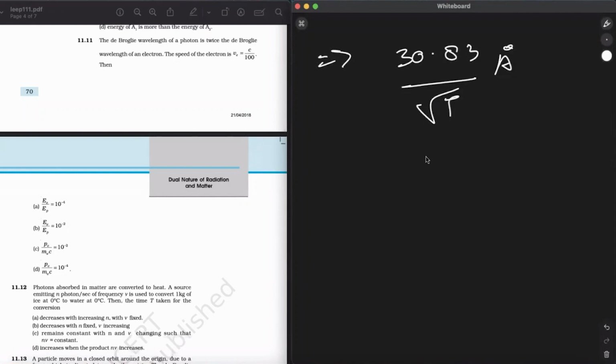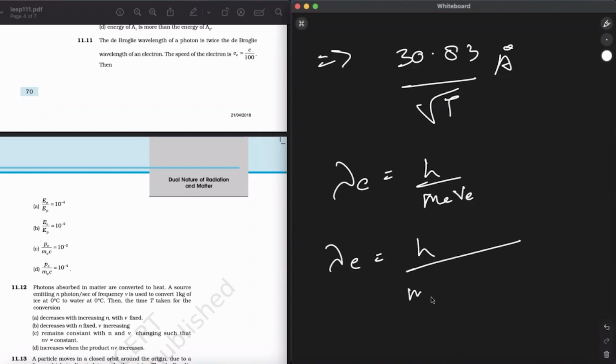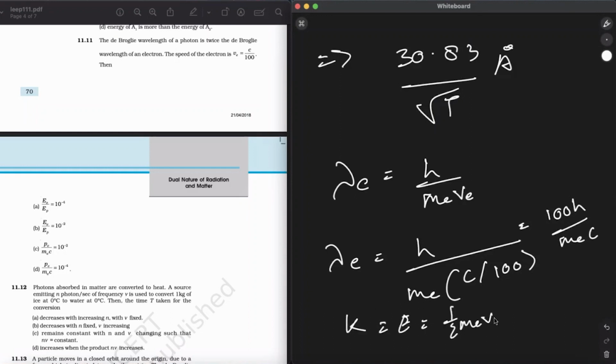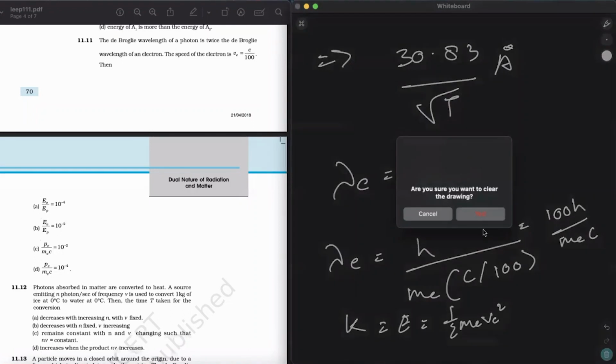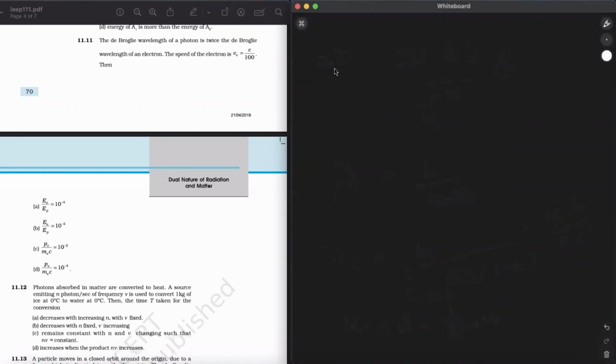Alright. Now, the de Broglie wavelength for electron will be h upon m_e v_e. So lambda electron will be h upon m_e C by 100, so 100h upon m_e C. The kinetic energy is (m_e v_e) whole square upon 2m_e. So m_e v_e is equal to under root 2 m_e E_e.